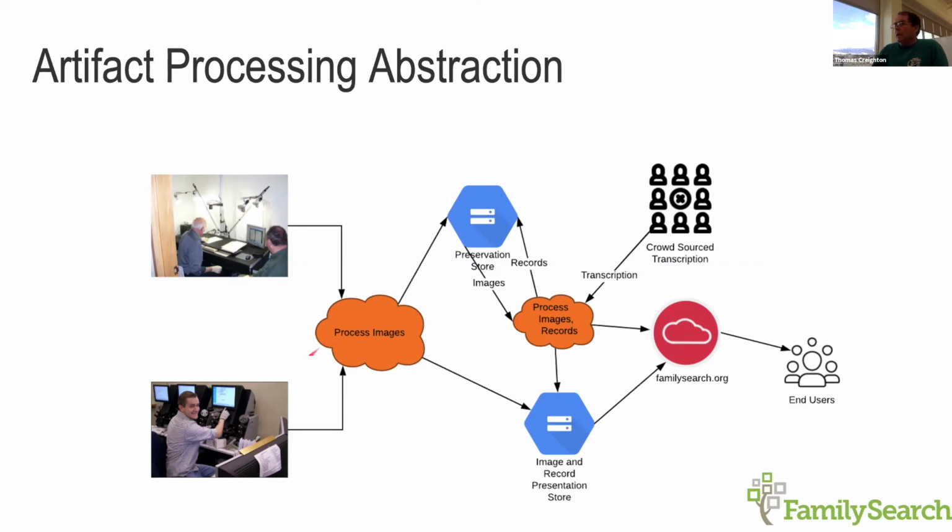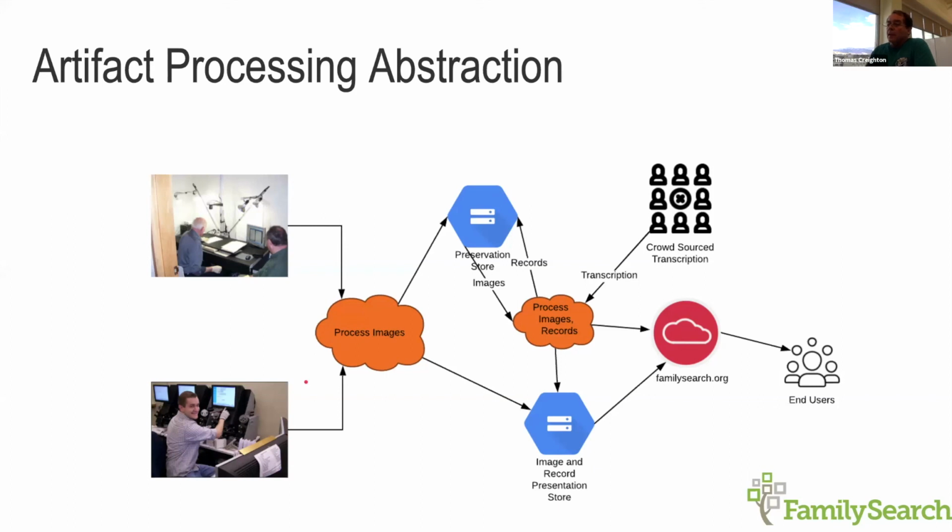And so that's where the images get processed, and we do some image enhancement and so forth. We also have an extensive collection of about 3.5 million rolls of microfilm covering similar kinds of data, just different collections, different data sources.